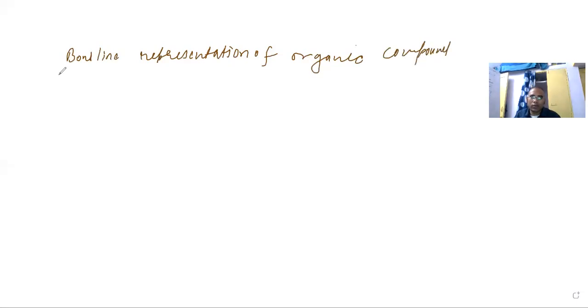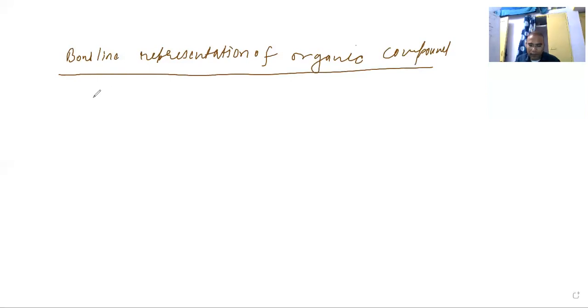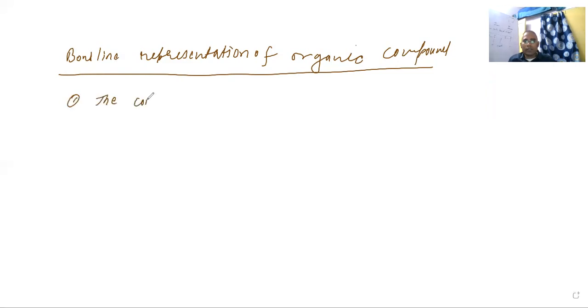If we talk about the bond line representation, students, two or three things we need to keep in mind. What are the things we have to keep in mind? First point: the compound is represented by a zigzag line.